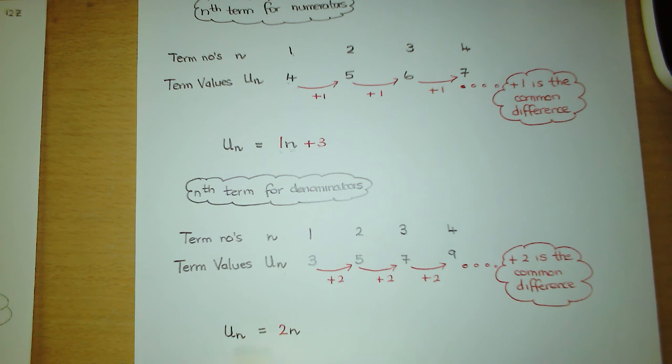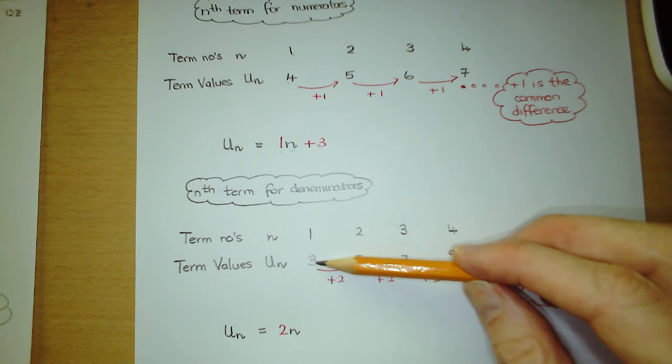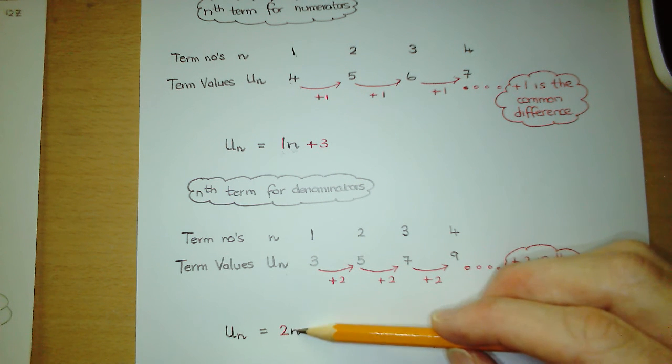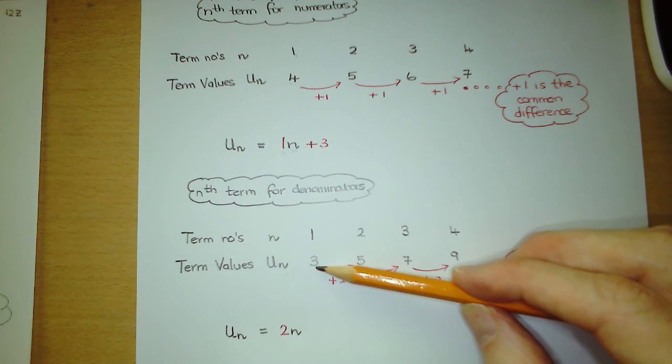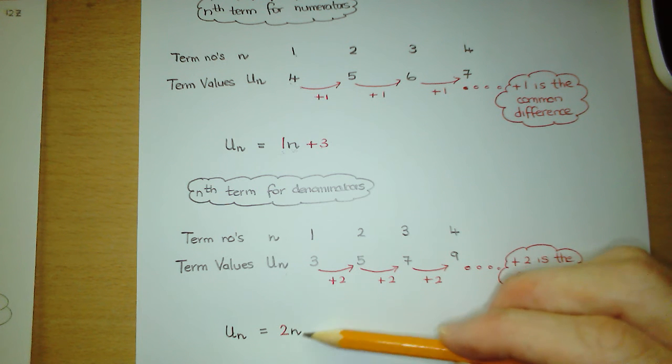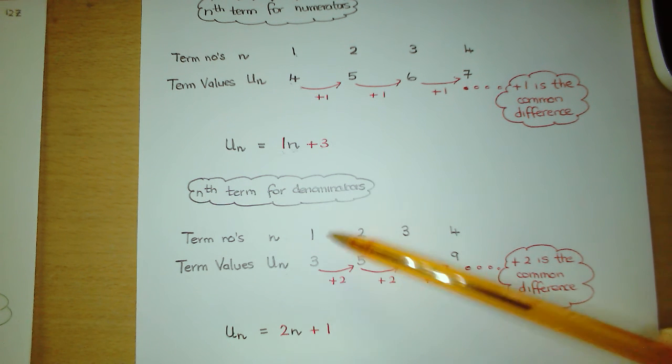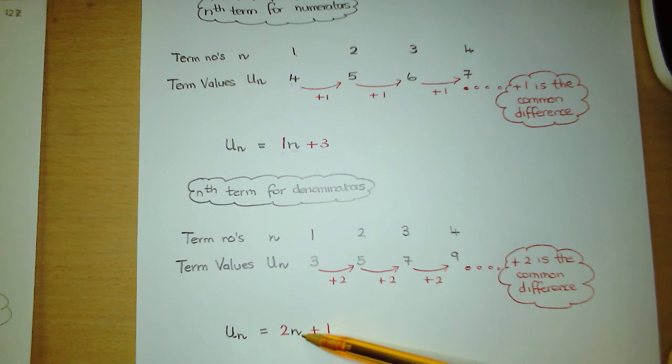So this is the starting point for our formula. Let's check to see if it works. Does it work with 1, and does it turn it into 3? So let's sub in n as 1. 2 times 1 is 2, but we actually want the answer to be 3. So how do we get from 2 to 3? We've got to add on 1. Now check it again. When you sub in n as 1, 2 times 1 is 2, plus 1 gives you 3.